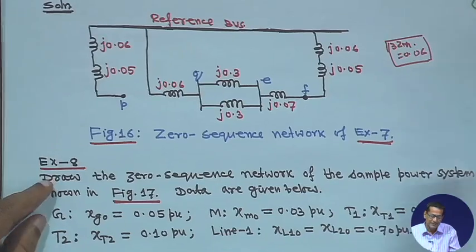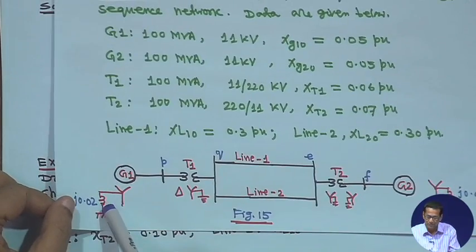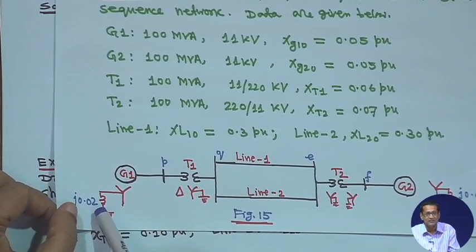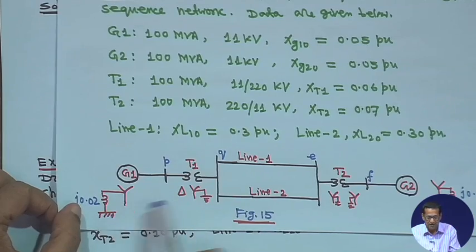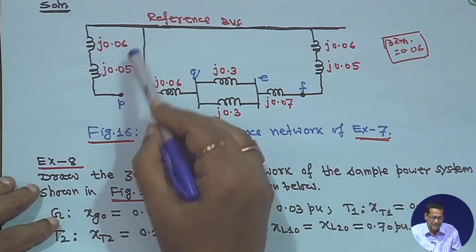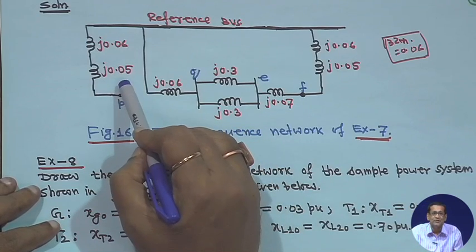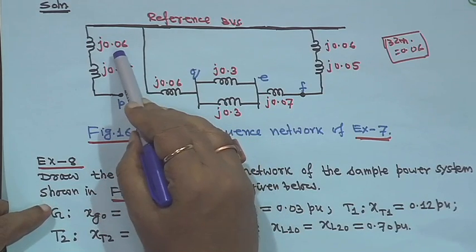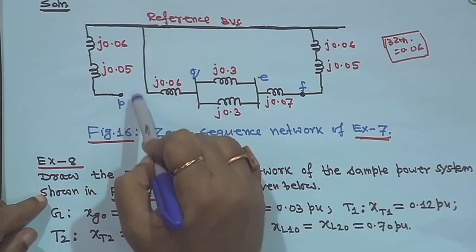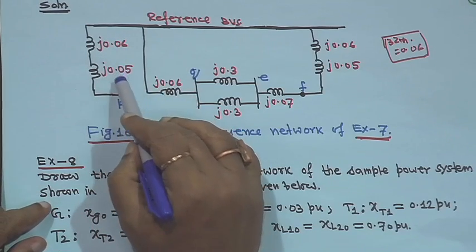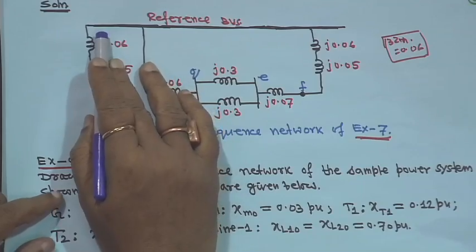For the generator, this is j0.02, so 3Zn means j0.06, and there is isolation because the star is grounded but this side is delta. So connectivity will be there, and j0.05 is given, and this is 3Zn: 0.02 is given, multiplied by 3. There is an isolation, but as the generator star is grounded, you have to connect it to the reference bus.